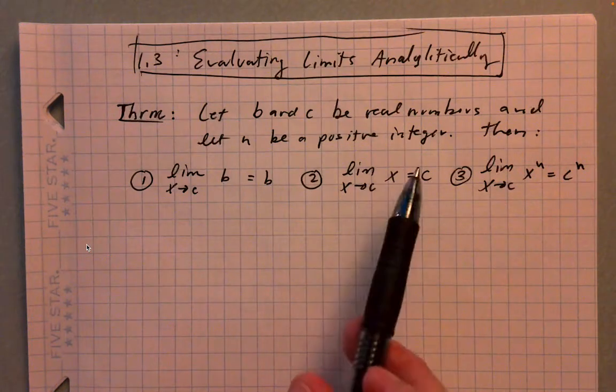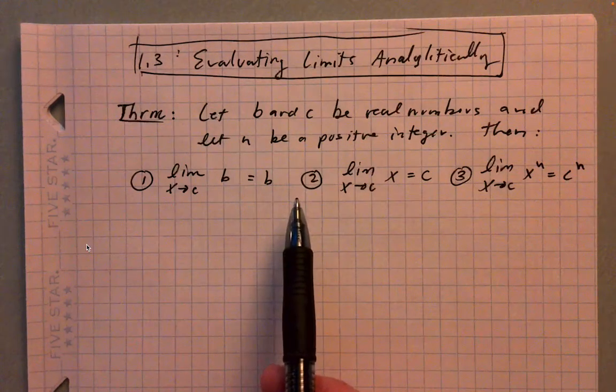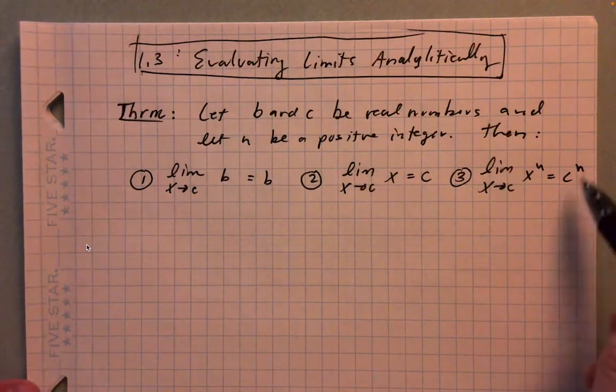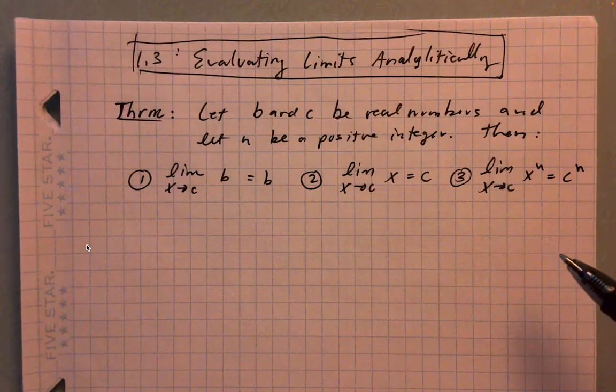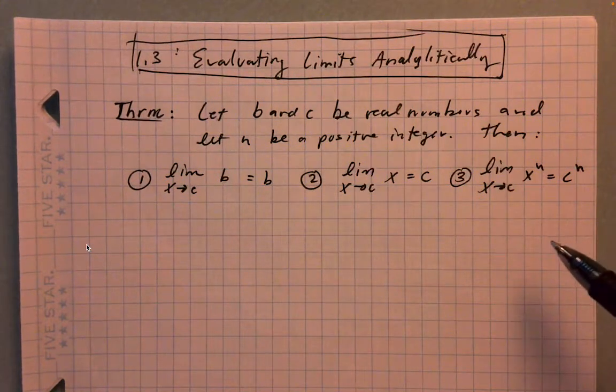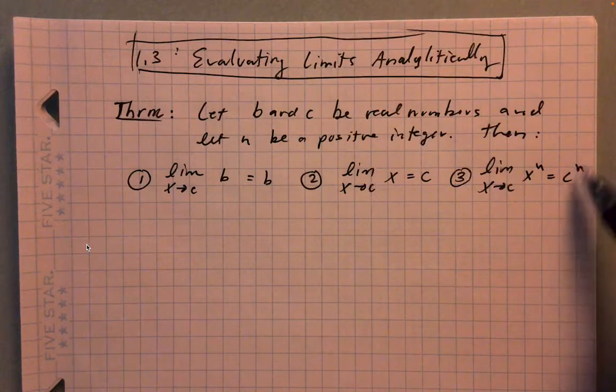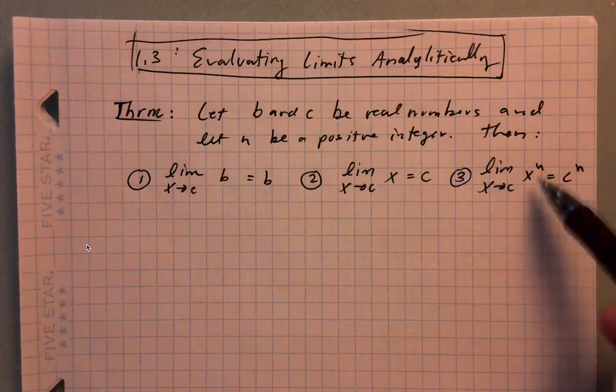And so clearly that's a function with no gaps, no holes. There's no reason for the limit to ever be anything other than the value of the limit point. And finally this one, x to the n power. So any power function here has a simple limit as well.